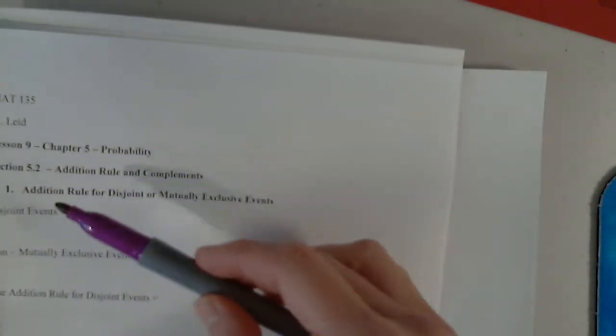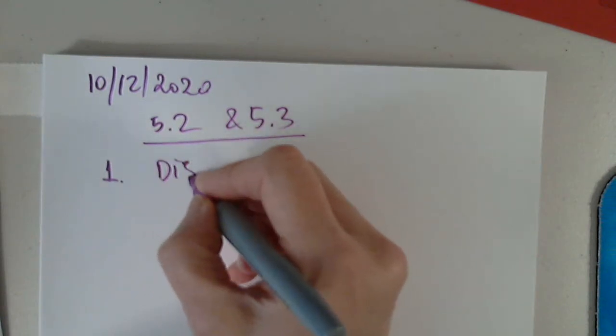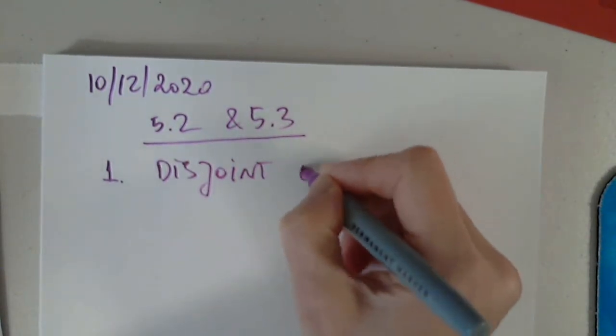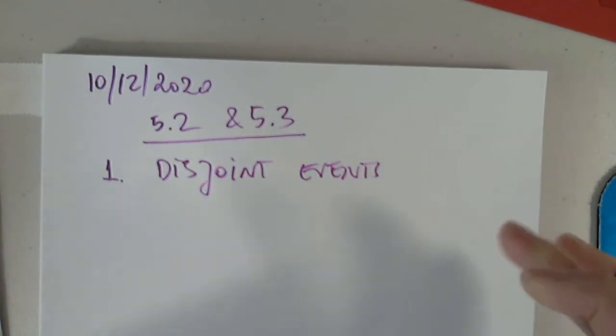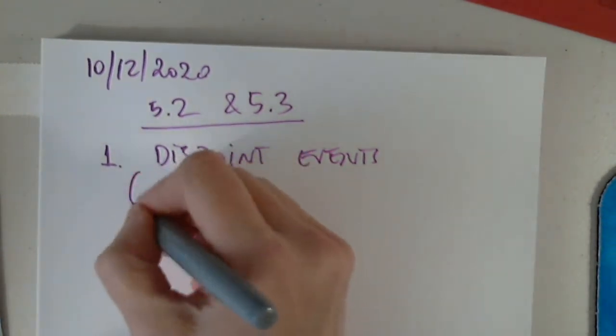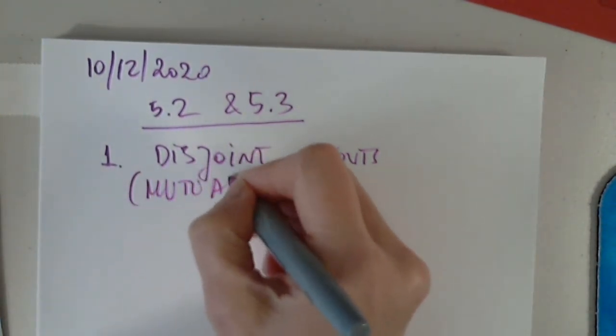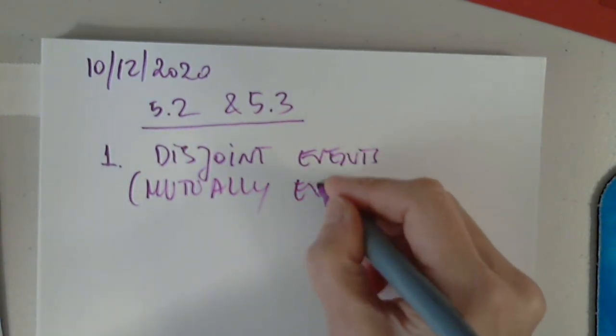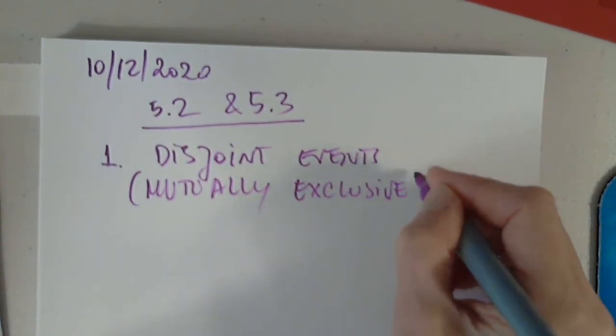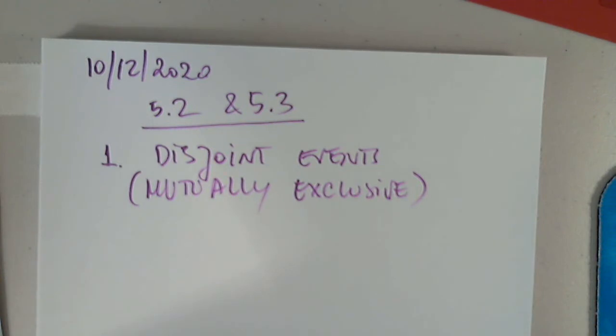Okay, before we even talk about the addition rule, we have to define what disjoint events are. Disjoint events. Sometimes, and it's the same thing, they are called mutually exclusive events.